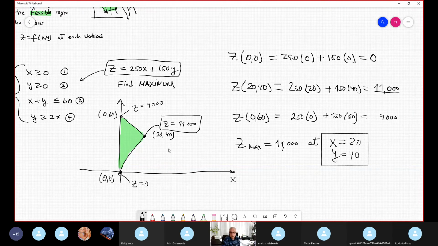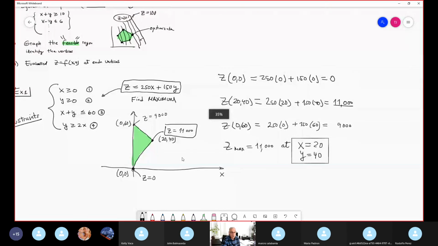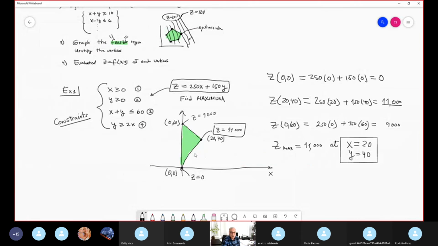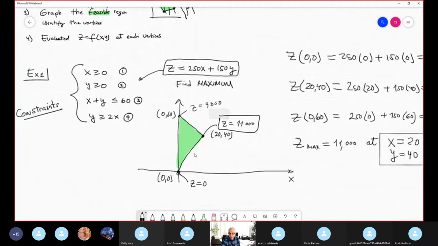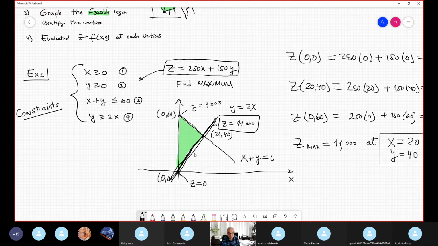So we get the 20 and 40 from decimals. Good question, mister. How do you get that? Well, this line is this line. So this line is y equals 2x. And this line is x plus y equals 60.